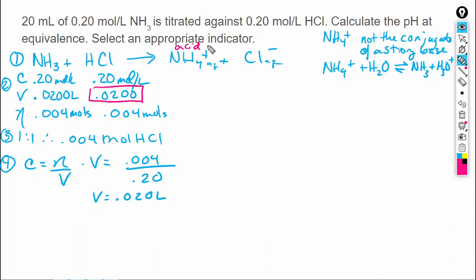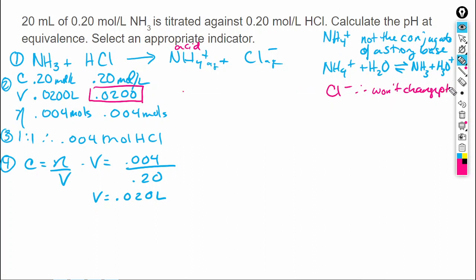Chlorine ion. Is that going to change pH? No. Chlorine is the conjugate of a strong acid, which makes it a super, super, super weak base. Won't change pH.